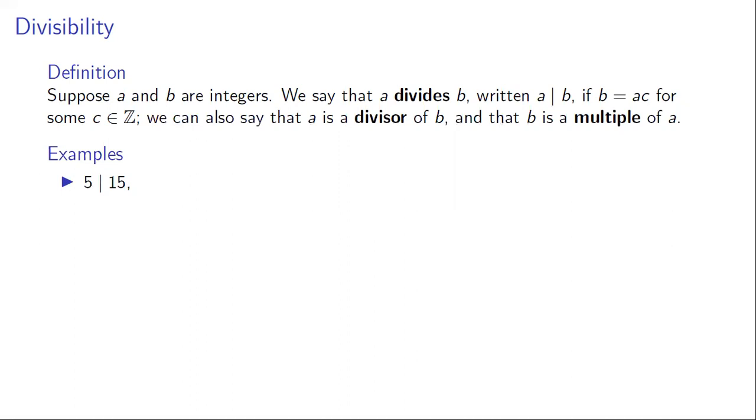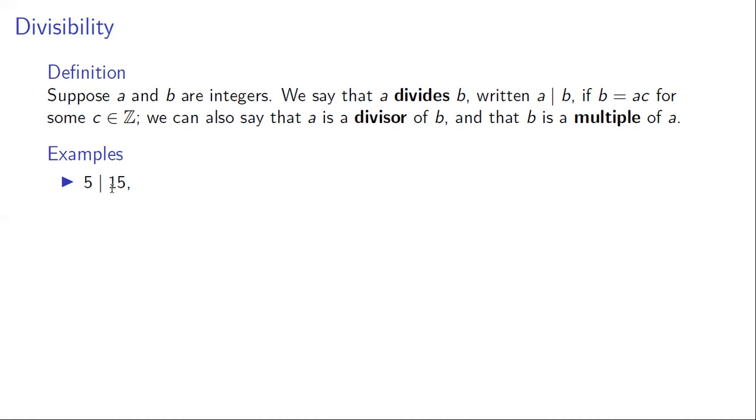So some examples. 5 divides 15. Right now this seems intuitive, because if you have 15 and you divide it by 5, you get an integer. So 5 divides 15, meaning, again, 15 can be divided by 5. But let's see how it fits into the definition. 5 is our a, 15 is our b.